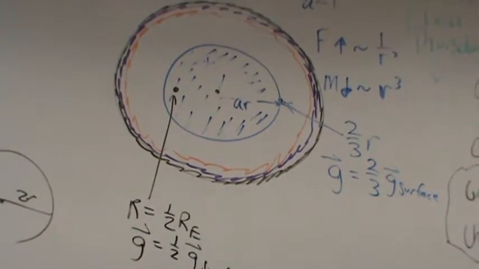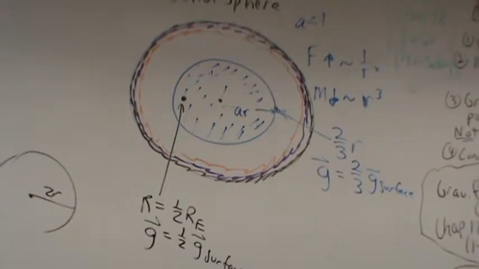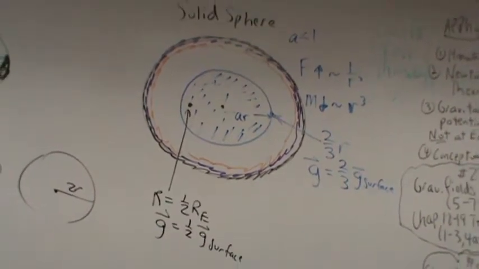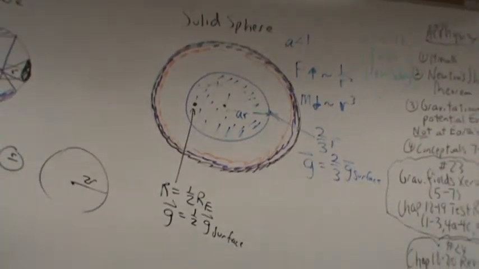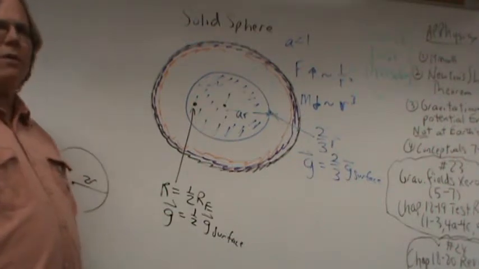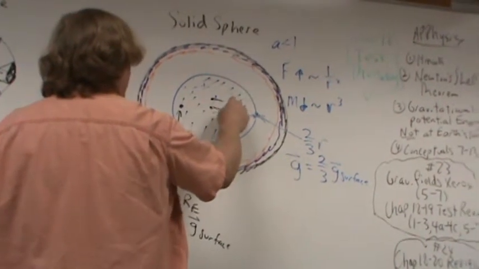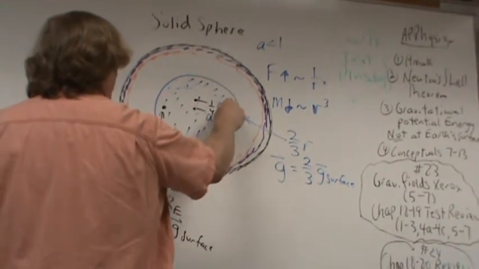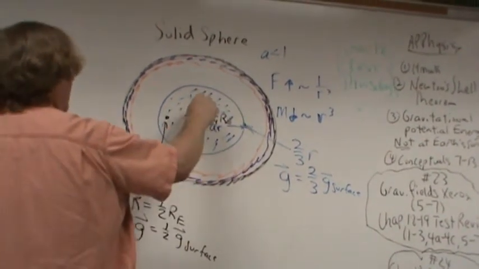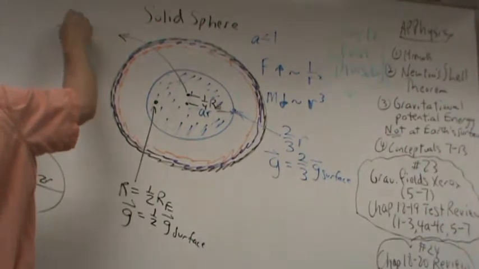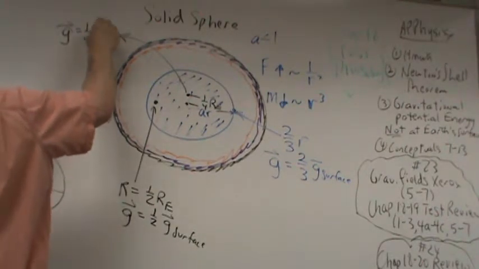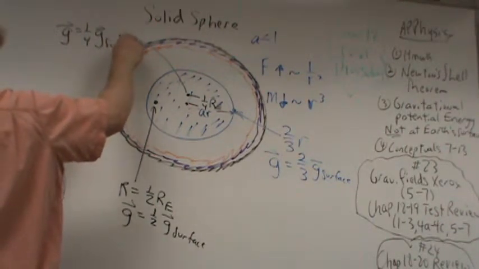Because I'm gaining force proportional to 1/r², but losing mass proportional to r³, which means I'm going to lose force proportional to r. Or finally, let's say this point here is 1/4 the radius of the Earth. Then g would equal 1/4 times the gravitational field at the surface of the Earth.